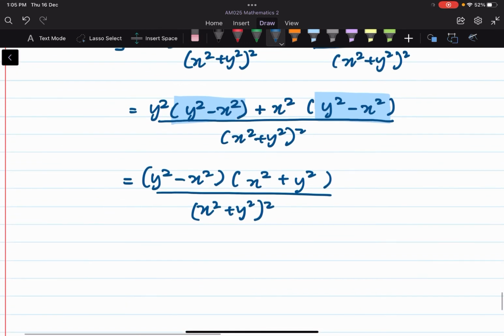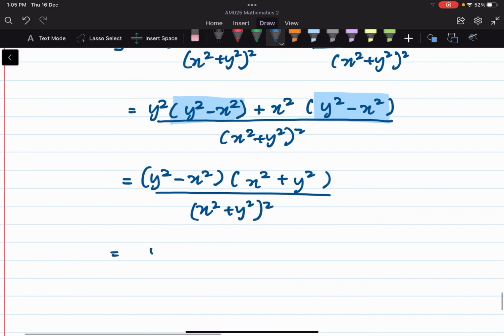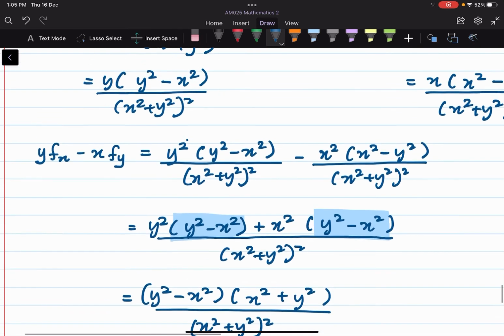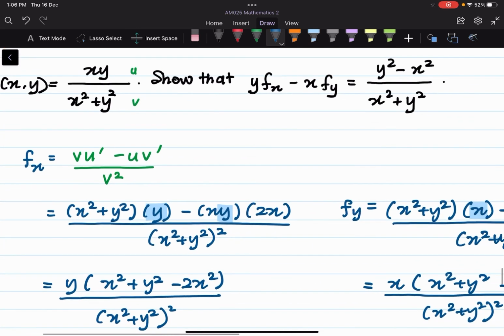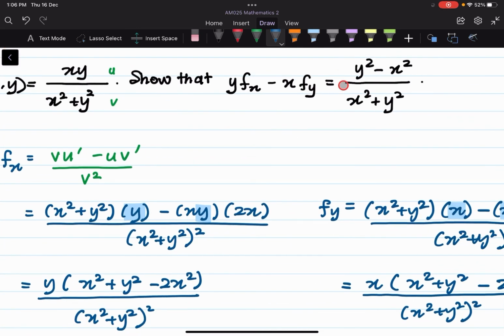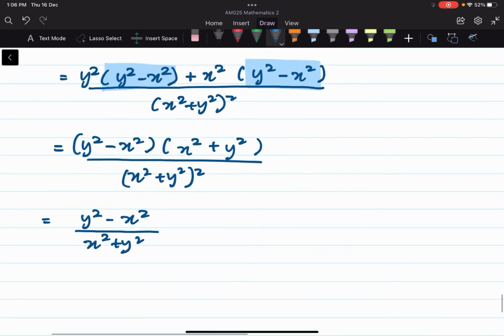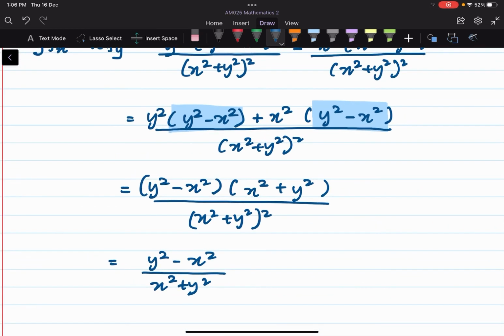And if we divide this x squared plus y squared by x squared plus y squared, we're going to get y squared minus x squared divided by x squared plus y squared. So yeah, here y squared minus x squared divided by x squared plus y squared. So it is shown. Easy, that's it.